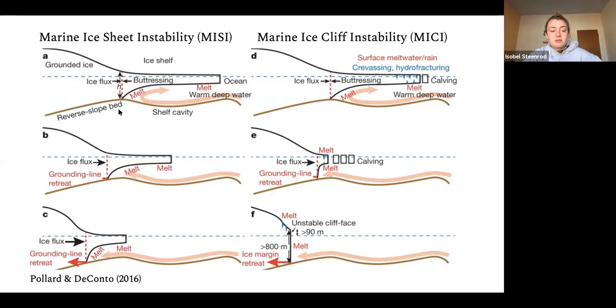West Antarctica is on a reverse slope bed, meaning that the continent, where the ice is grounded, gets deeper and deeper.